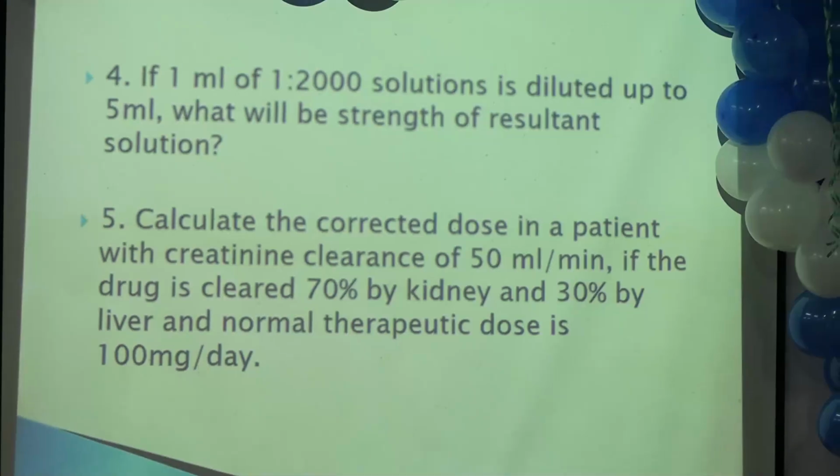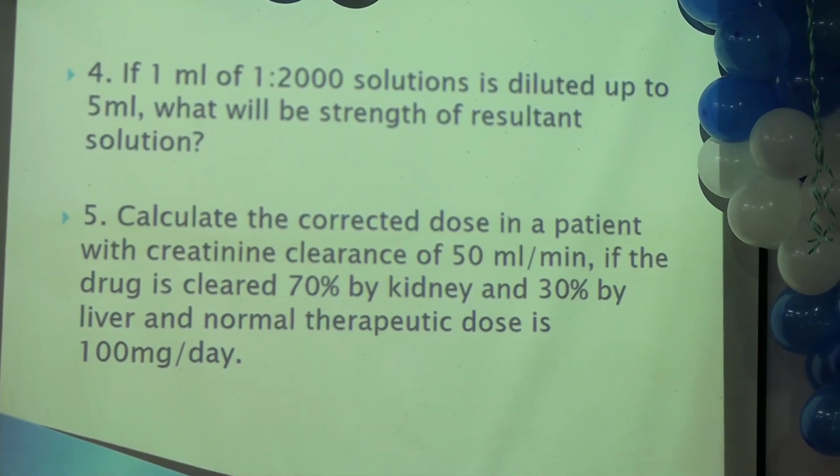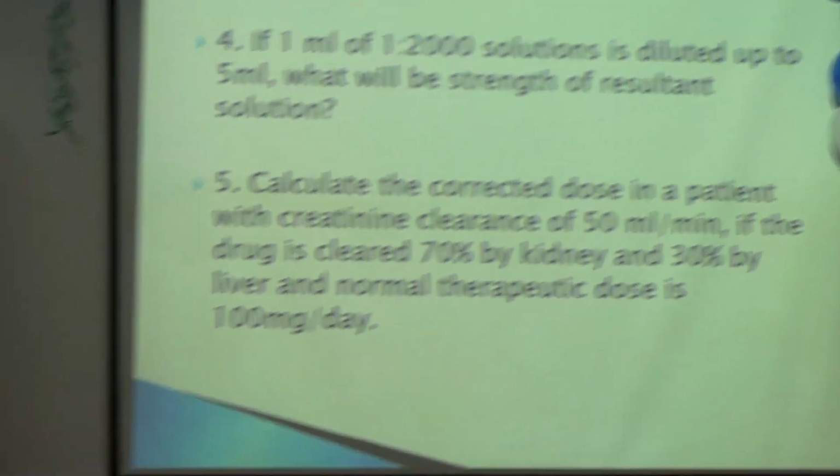Further if you divide it, it comes to 0.5 milligram per ml. Now this 0.5 per ml, calculated in association with the 5 ml, so 5 ml will contain 0.5 milligram. So each ml will contain how much? 0.5 divided by 5. How much does it come to? 0.1 milligram per ml. Okay.